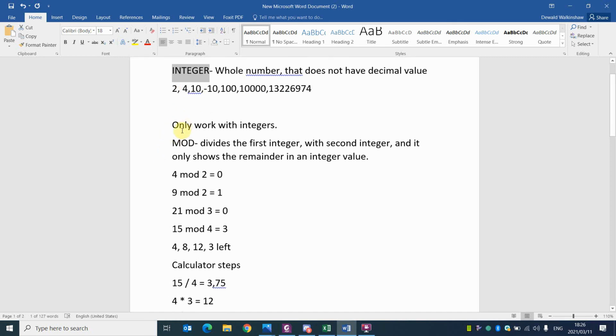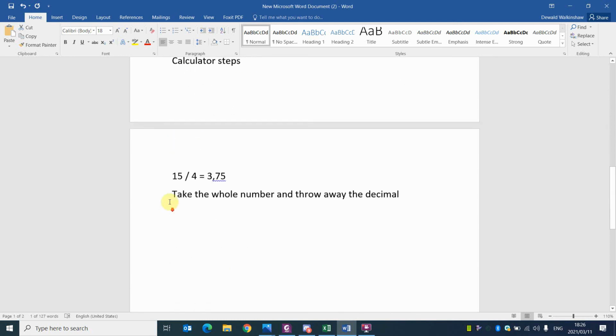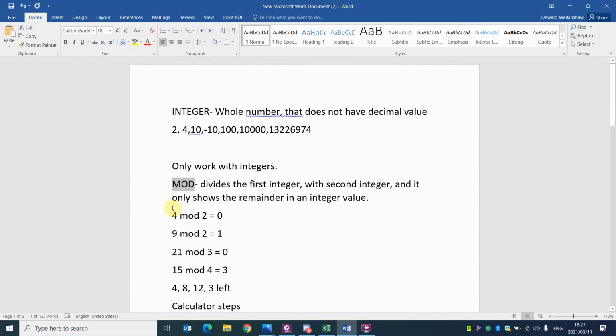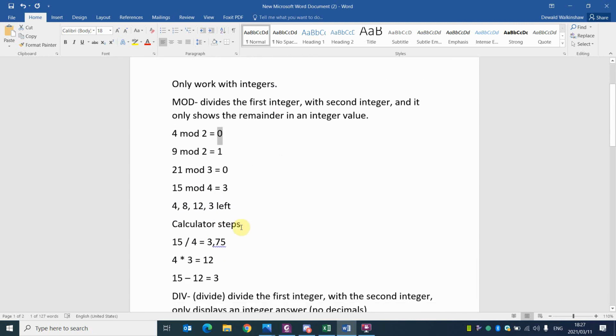Okay, so the next two functions, mod and div, only work with integers. If we look at the first example, the first number is an integer, I mod it with an integer and I get an integer result. So you can't have 4.5 mod 2.